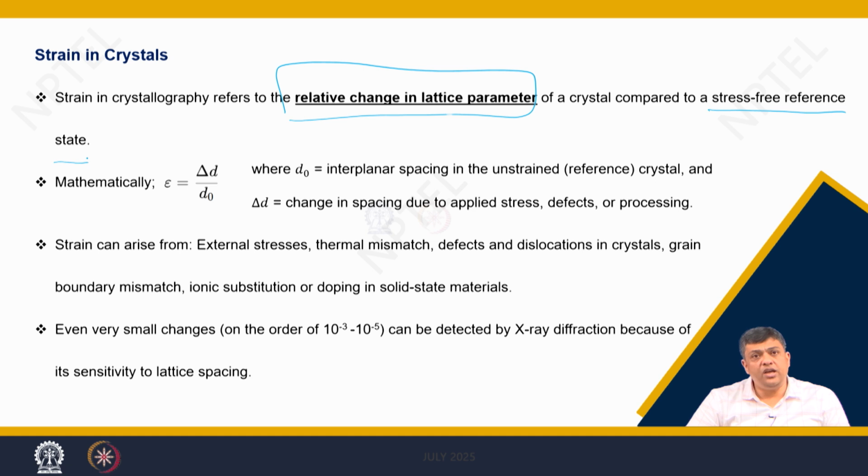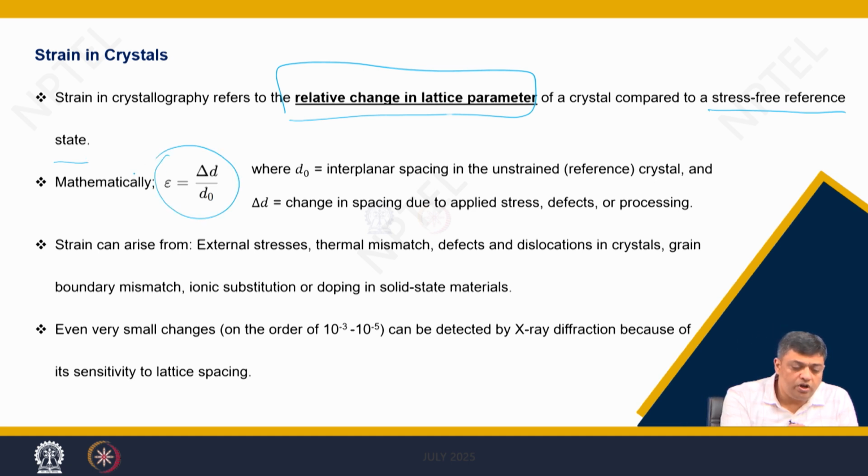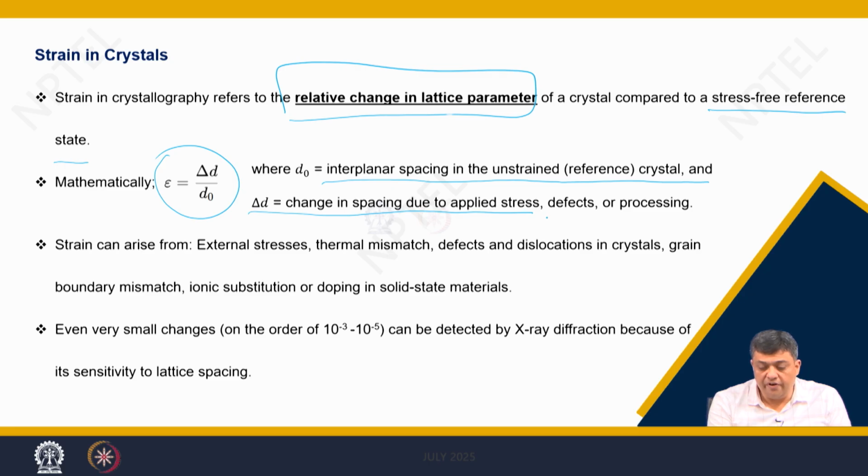So, mathematically you will be able to write the strain is equal to delta d by d0, where d0 is the interplanar spacing in the unstrained reference crystal and delta d is the change in spacing due to applied stress, defects, processing conditions or operating conditions.